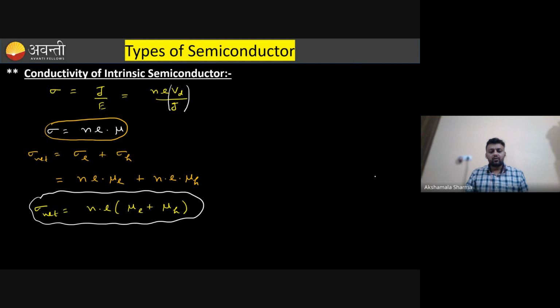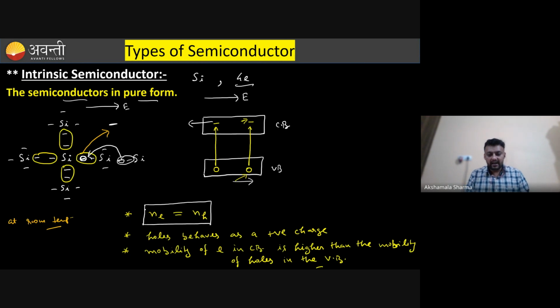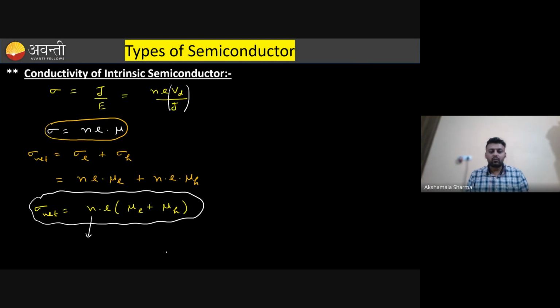Simple statement. What is N? Number of electrons or number of holes? Because both are the same, that's why I am not writing whether it is Ne or NH. Like you can see on the previous slide, I have written Ne and NH. Ne is the number of electrons, NH is the number of holes, but I am not writing them separately because both are equal. So I have supposed it to be N. What is E?